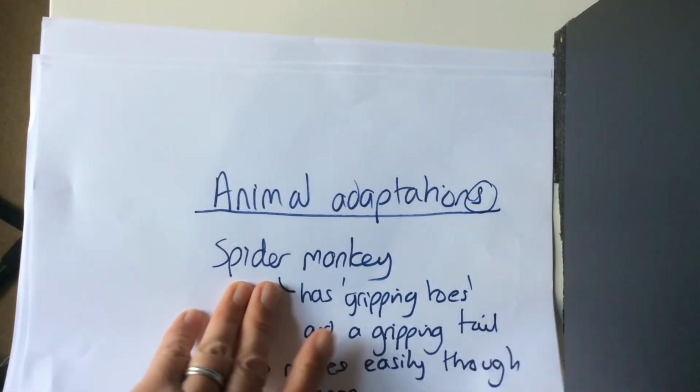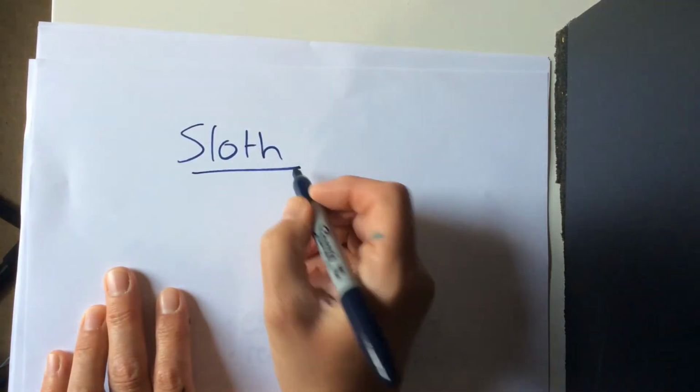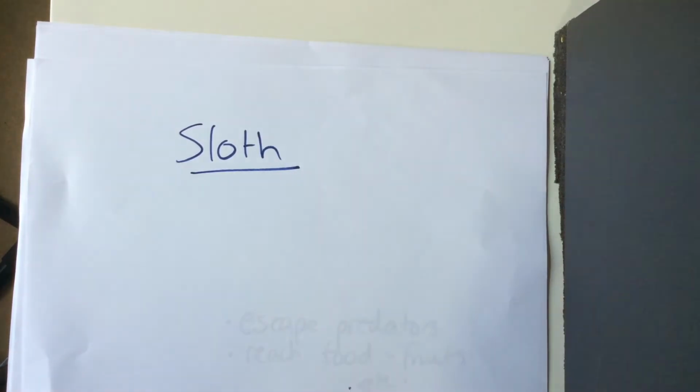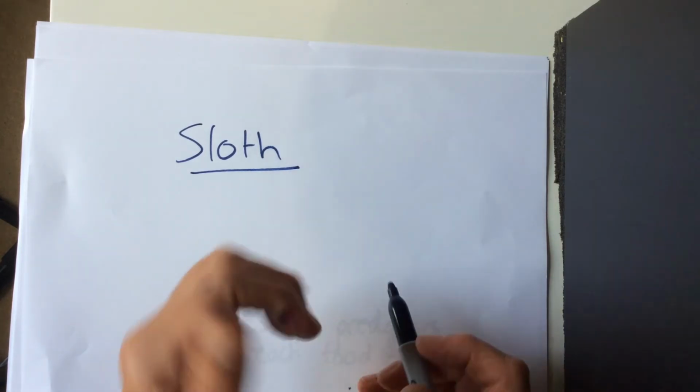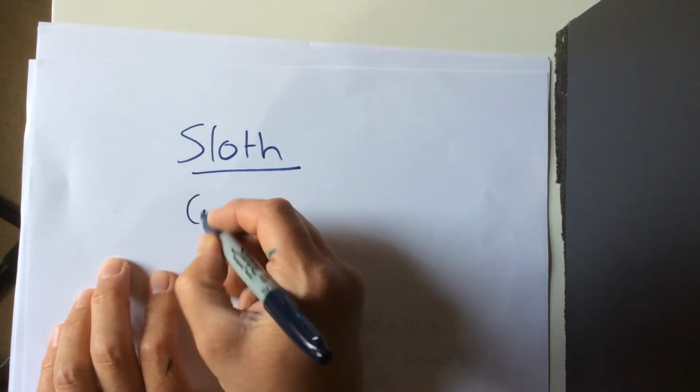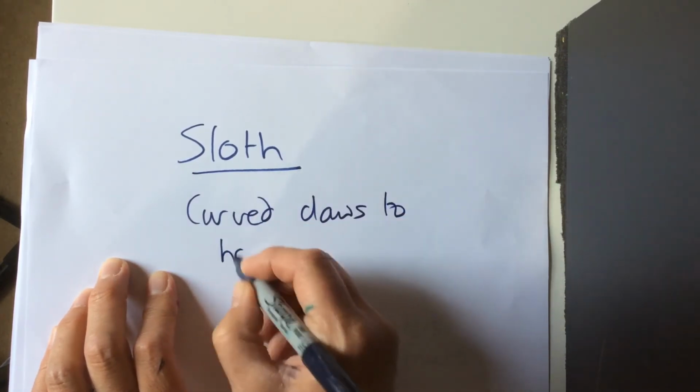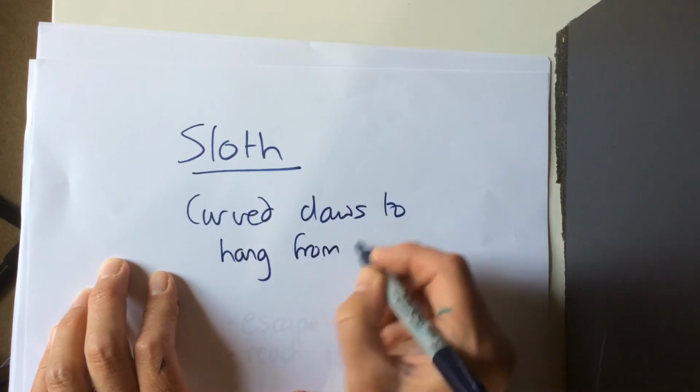Another adaptation that is a really cool one is the sloth, or the sloth, you can decide. And the sloth has got these gripping fingers, and they can grab easily onto the branches. So they have curved claws to hang from branches.